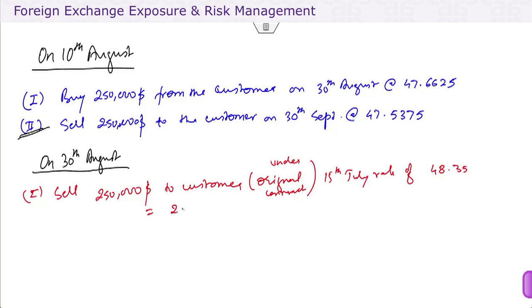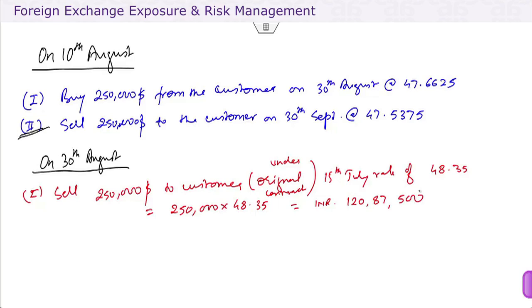What would happen in this case? It would be 2,50,000 into 48.35. Taking the help of a calculator, this comes to INR 120,87,500.